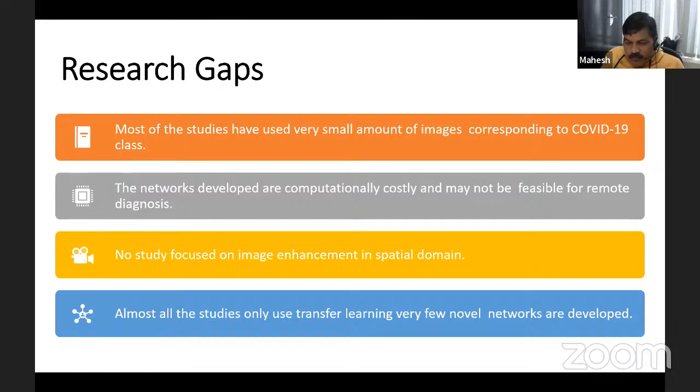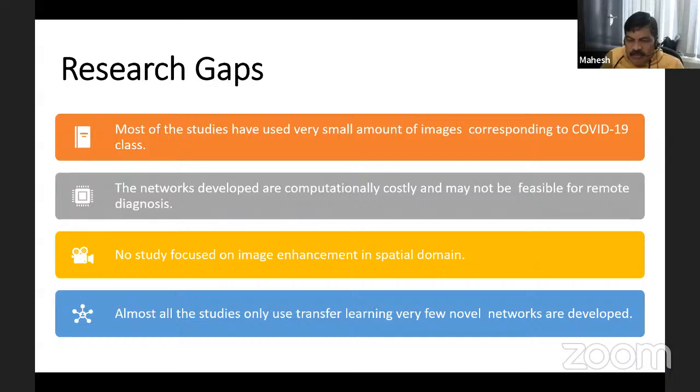But if you perform some pre-processing before using deep learning, some image processing to improve the quality of the given image, then we can see an improvement in the classification, and even reduce the computational cost. We can reduce some layers also, because if the quality of the image is good, then we may require fewer layers, or less cost. So there is a research gap.